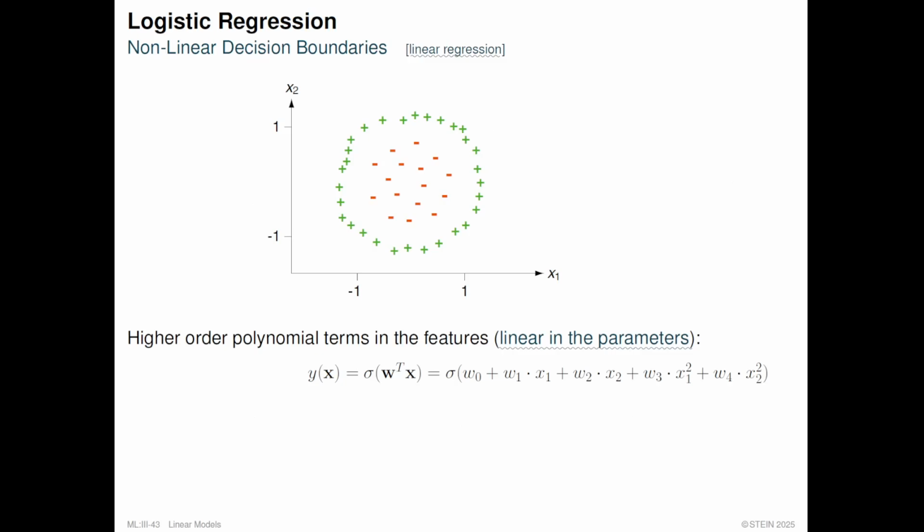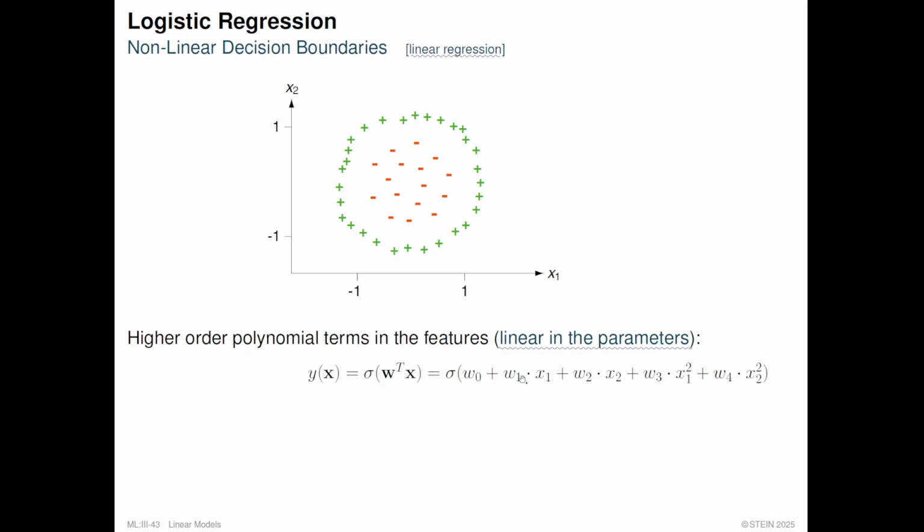And here we see something that you probably find predictable from the lab, which is nonlinear decision boundaries. There you were asked to fit a parabola through a set of points. And the same idea can be applied here by taking a polynomial term, these squared values here, but still remaining linear in the parameters.